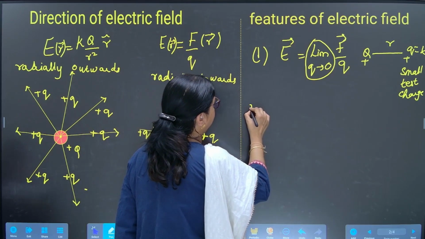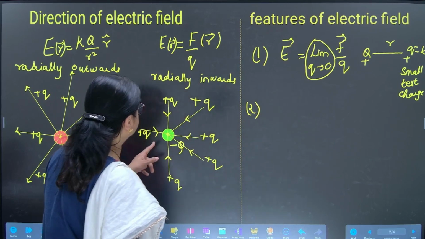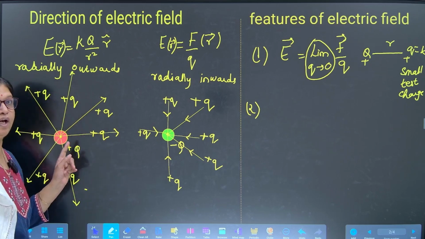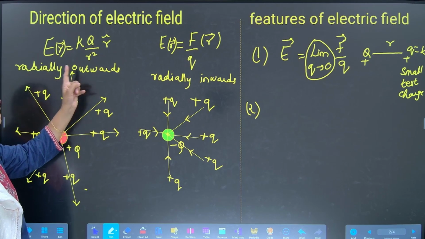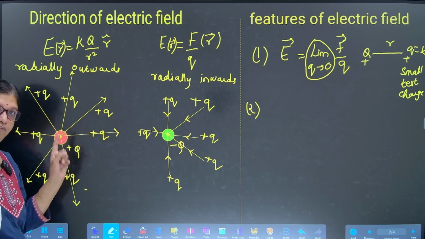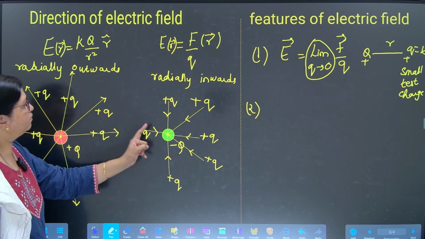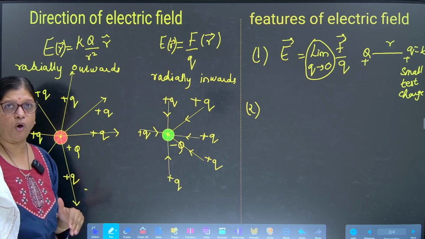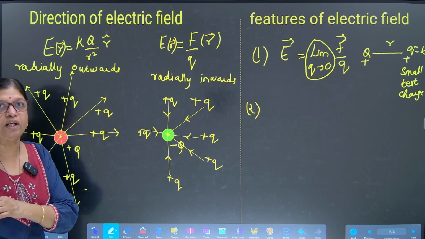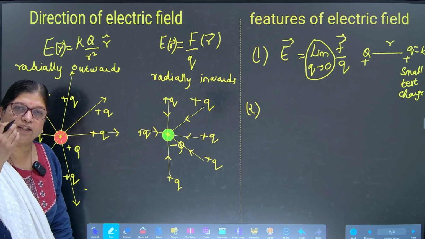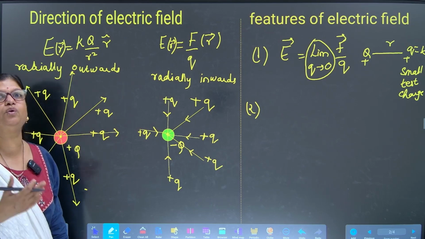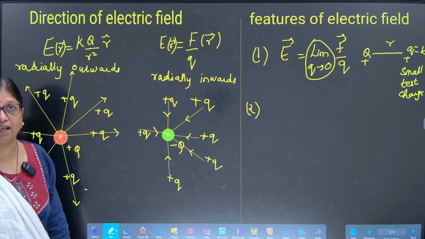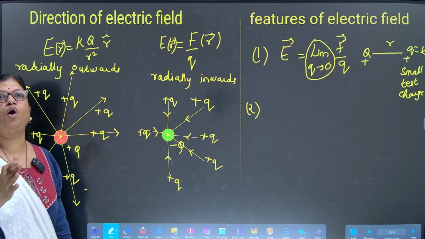Now, the second feature is, as you can see here, I have drawn the radially outwards direction of the electric field for a positive source charge and the radially inward direction of the electric field for a negative source charge. This is a board and it is a plane. So, is the electric field drawn only on a plane? No. It is drawn in three dimensions for the value of the radius.